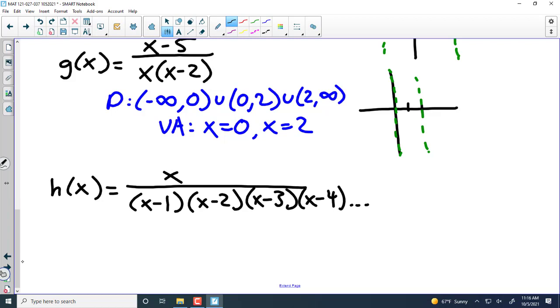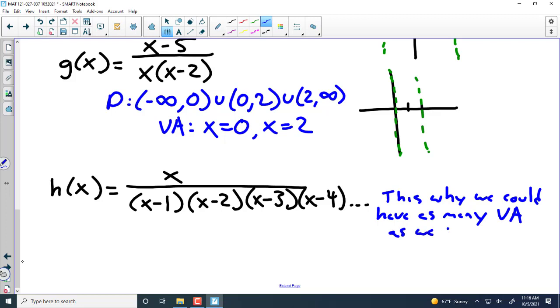That's why I say we can have as many as we want, because if I just want to keep adding factors to that denominator, I can just keep adding vertical asymptotes.